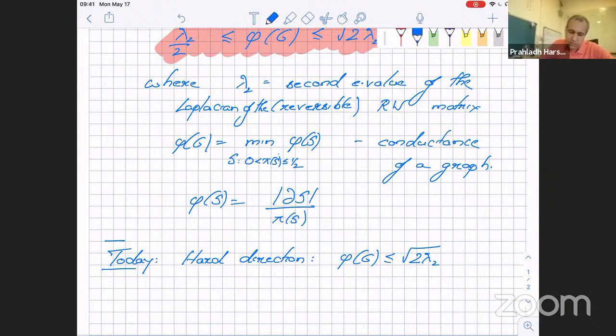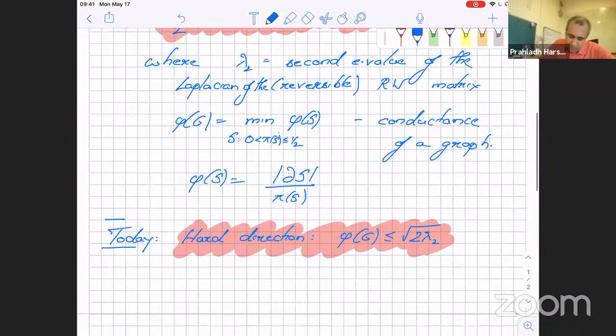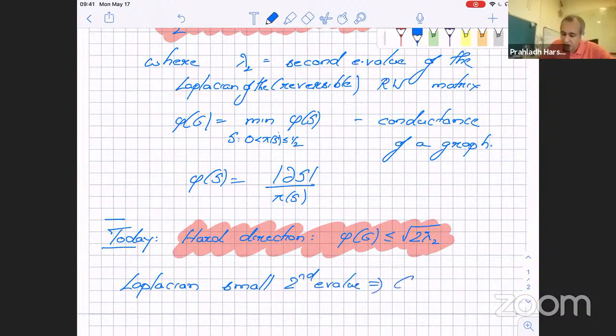So what is this direction telling you? That is, if the Laplacian has a small second eigenvalue, then the graph has a cut with a small conductance.